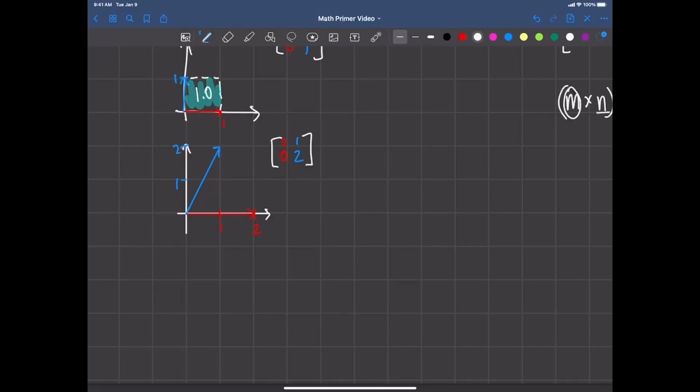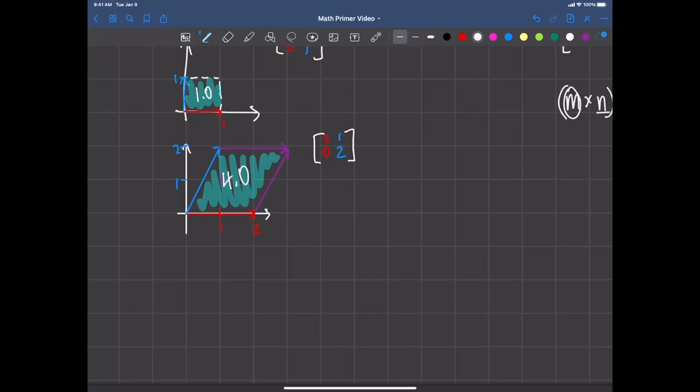And then the way to represent the area of this one would be as a parallelogram here. And the area of this would be 4. It would just be base times height.